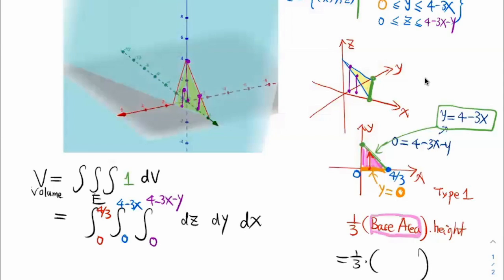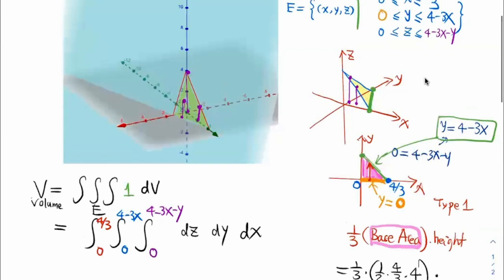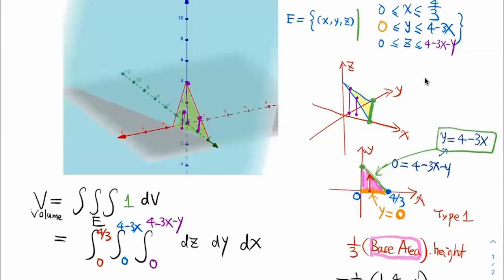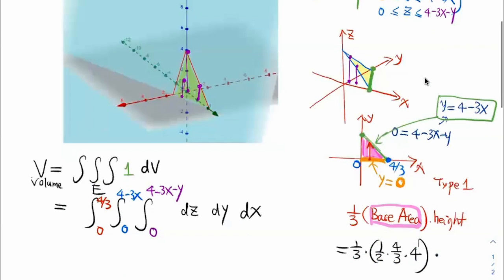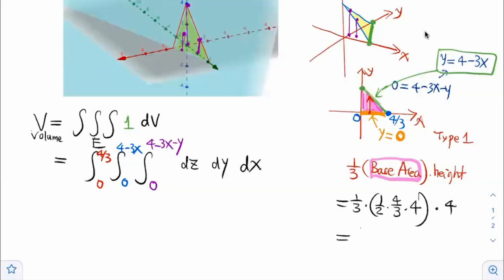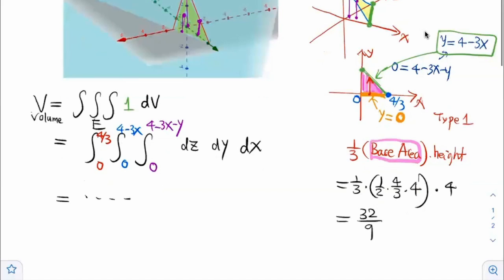So it's 1/2 times 4 over 3. The height here, when x is 0, y is equal to 4, so times 4. And the height over here is z: when x and y equal 0, z is equal to 4. So the height is 4. So the answer should be 32 over 9. And if you evaluate this integral, it should also equal 32 over 9.